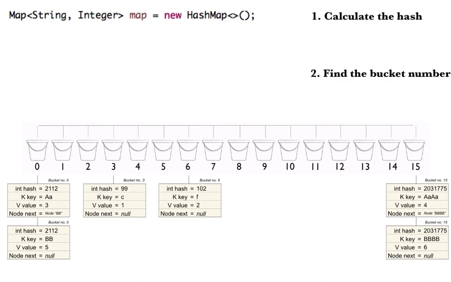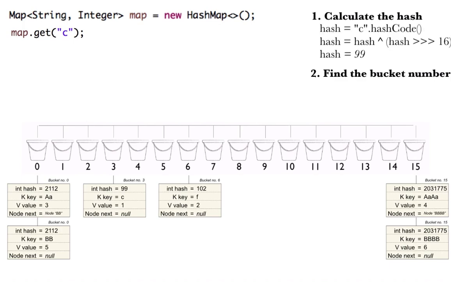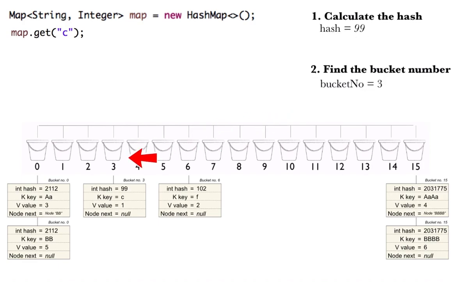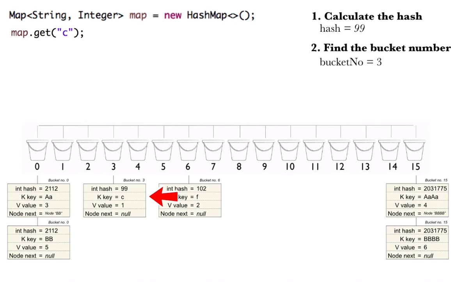Now that we have gone through the put operation, let's see how HashMap's get operation works. Whenever we call the get method, the program will again find the hash value and bucket number using the same method that we have seen in the put operation. In our first example, map.get C, the hash value and bucket number are 99 and 3 respectively. So our program will search for our key in bucket number 3. However, since we know that two keys may have the same hash value, there is one more step in our get operation.